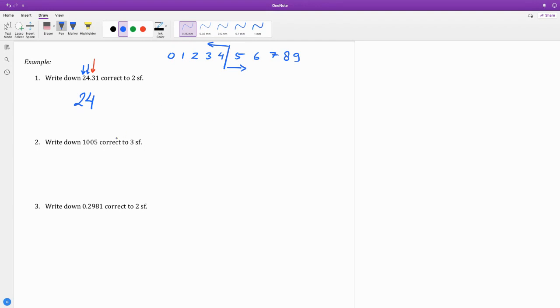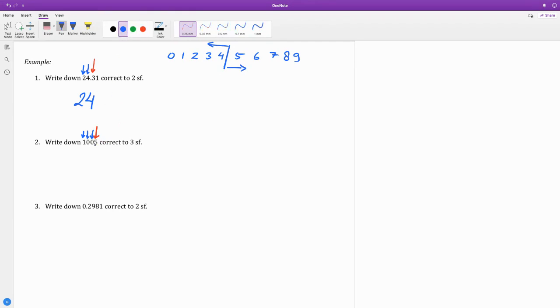The second one, zeros between non-zero digits are significant. So in this case, 1005, we have 4 significant figures. But we need to write it correct to 3 significant figures. So it's 1 significant, 2 significant, the third one, and then we look at the fourth digit.